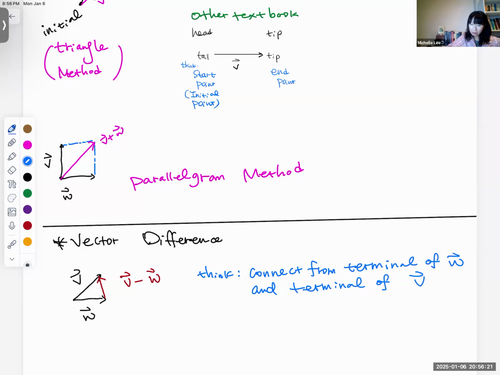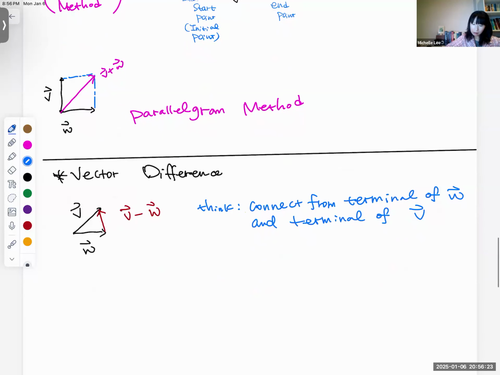Okay. Now, another way. We have a vector v here, right? And then for vector w, we can use the opposite direction, right? How about this way?